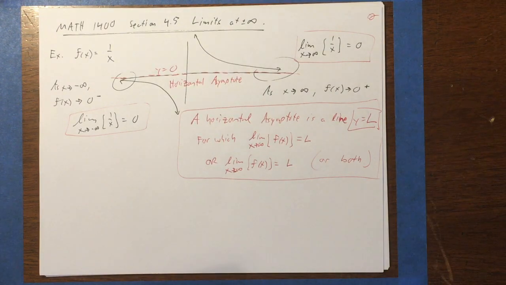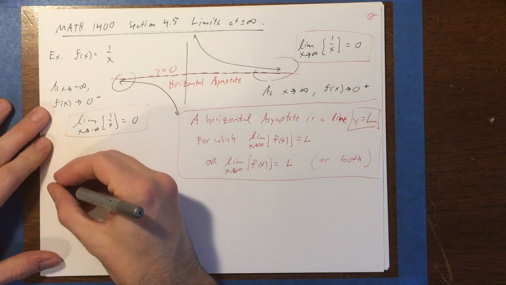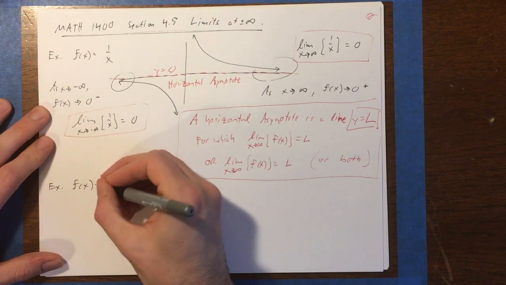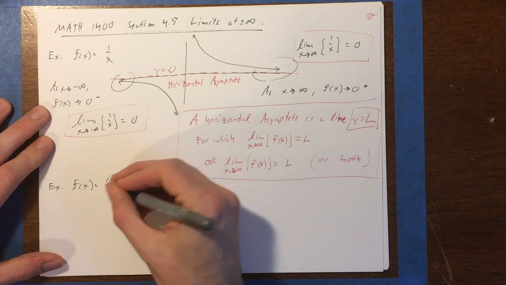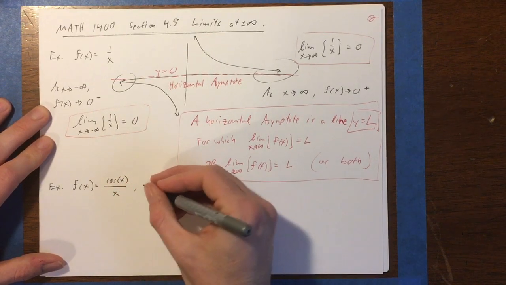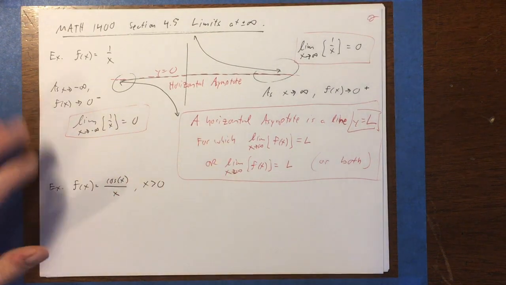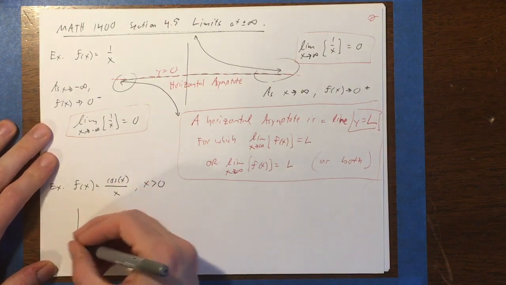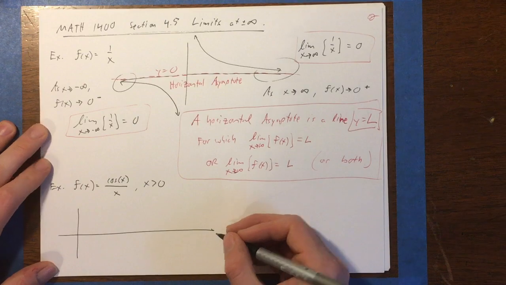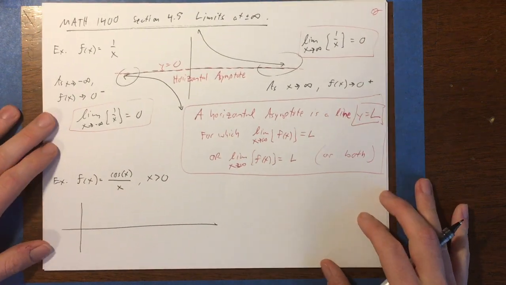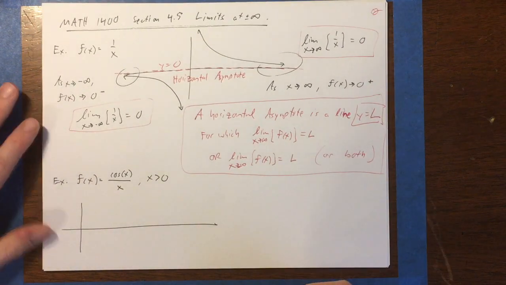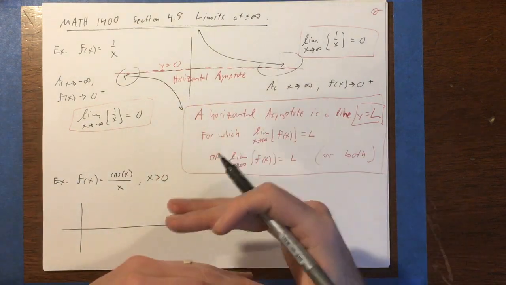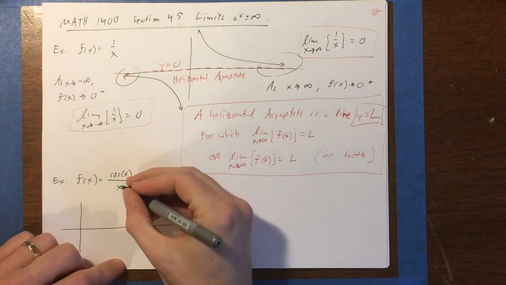Let's look at another example. Let's look at the function f of x equals cosine of x divided by x. I'm just going to specifically look at the part of this function where x is greater than 0. This is probably not a familiar function, but here's what it looks like. It looks kind of like a wave, but the amplitude of that wave is being scaled by 1 over x.